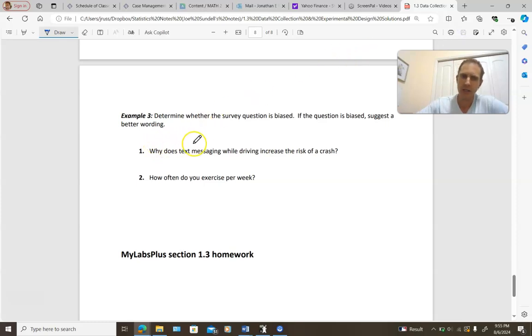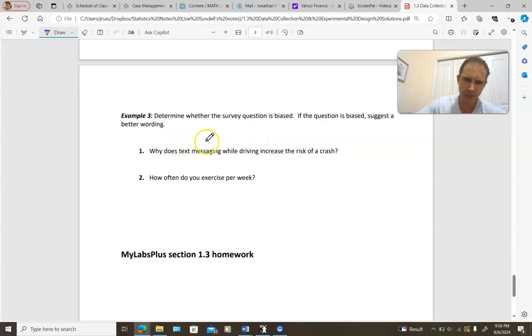So number 1, why does text messaging while driving increase the risk of a crash? I think that this is a biased question.